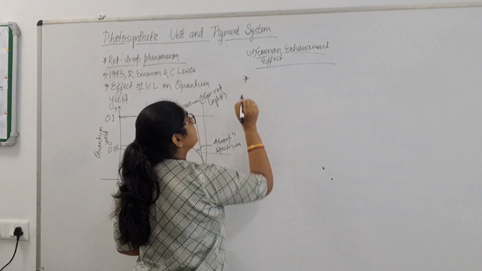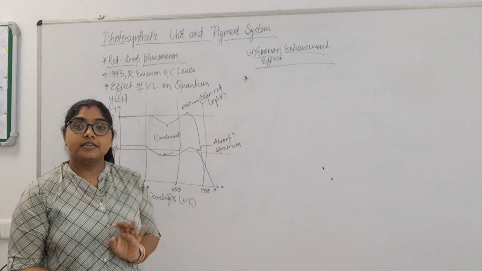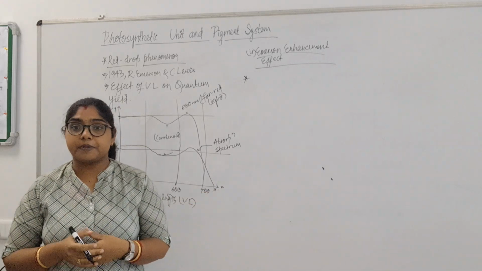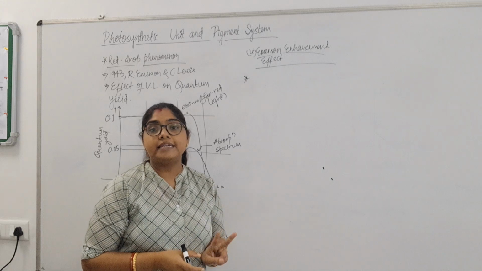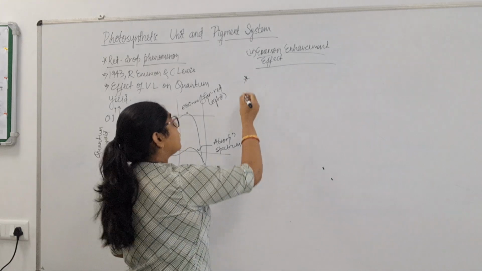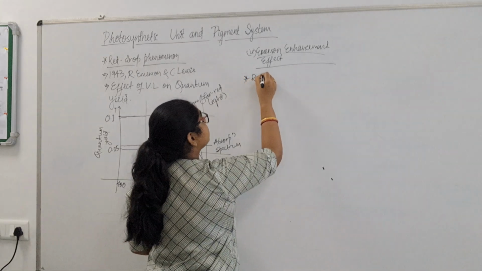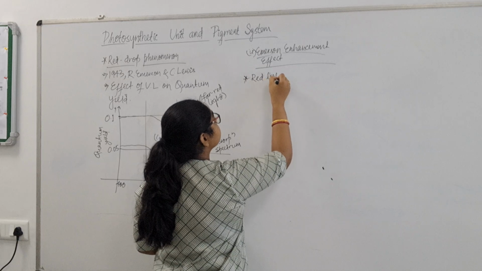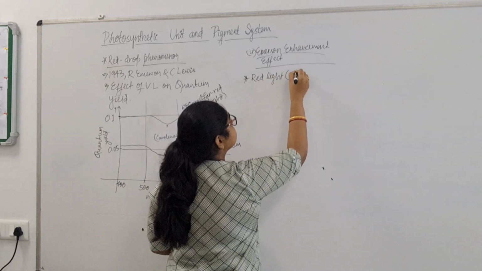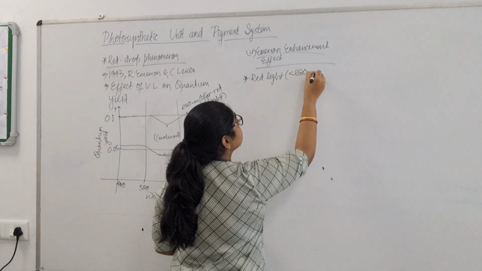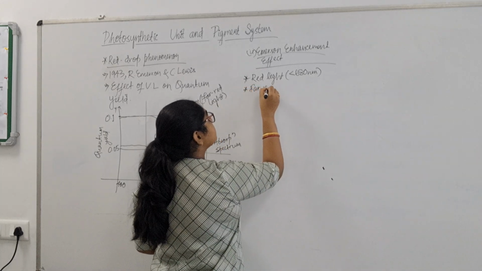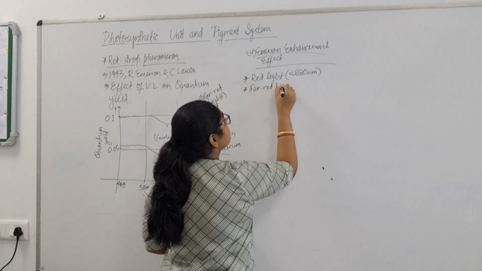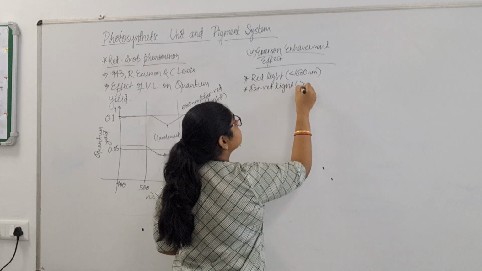Now Emerson and his colleague performed another experiment where they applied two light beams. One is a red beam of light, that is less than 680 nanometer. Another one is far red light, that is more than 680 nanometer.